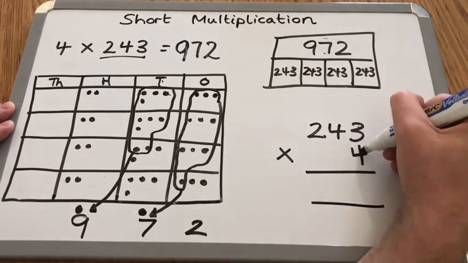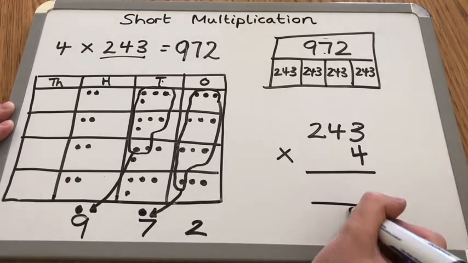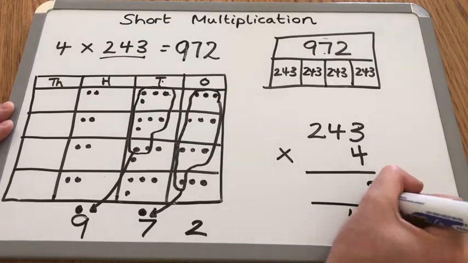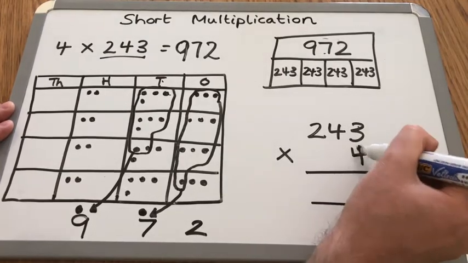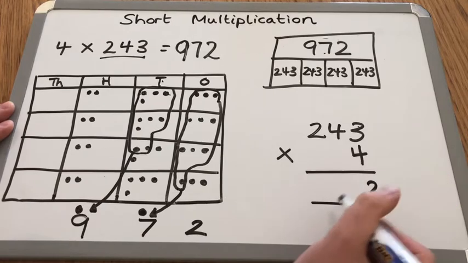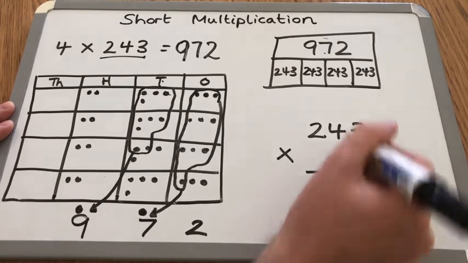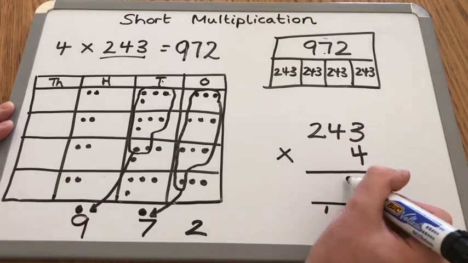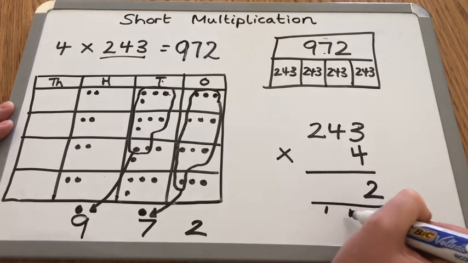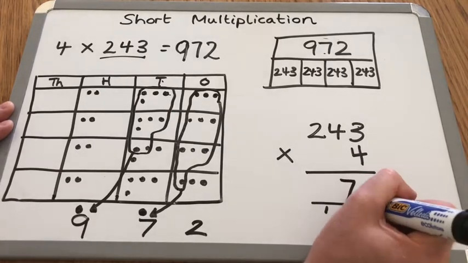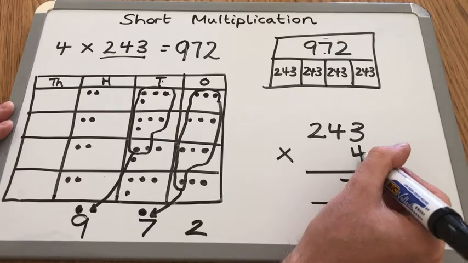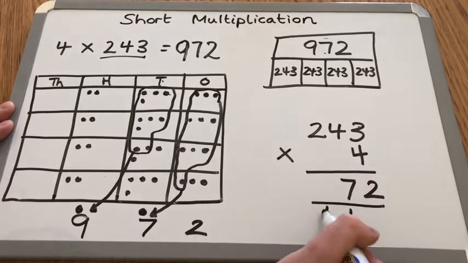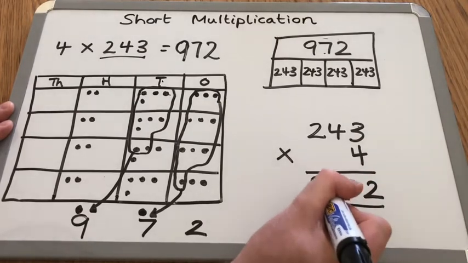So 3 times 4 is 12, so we left our 10 in the next column, or 2 units there. And 4 times 4 is 16. Of course, that 1 in the 16 is that group of 100, and we're going to leave behind the 6, but we need to add this one in, so it's 7. And 2 times 4 is 8. Again, we have an exchange value to add in, which is 9.